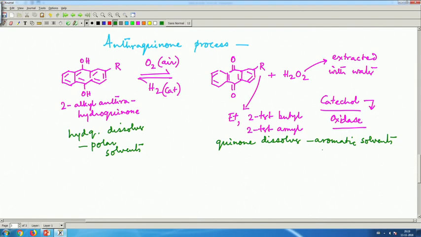So, we can go for a mixture of these two to get a uniform solvent medium for the production of this hydrogen peroxide. This uniform solvent medium is known as your solvent mixture or the mixed solvent. So, in a mixed solvent medium we can have this.